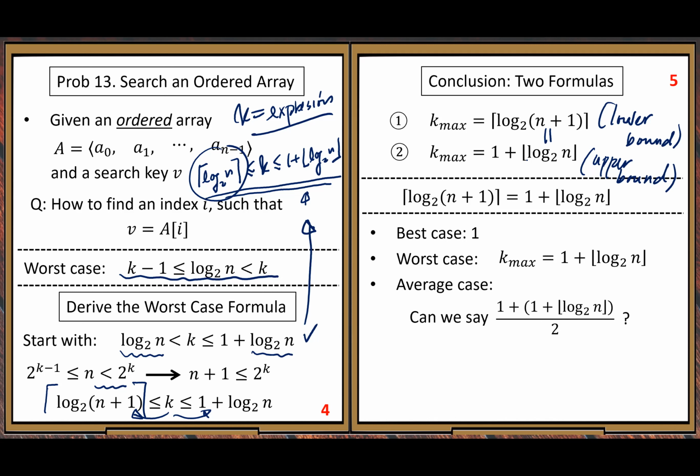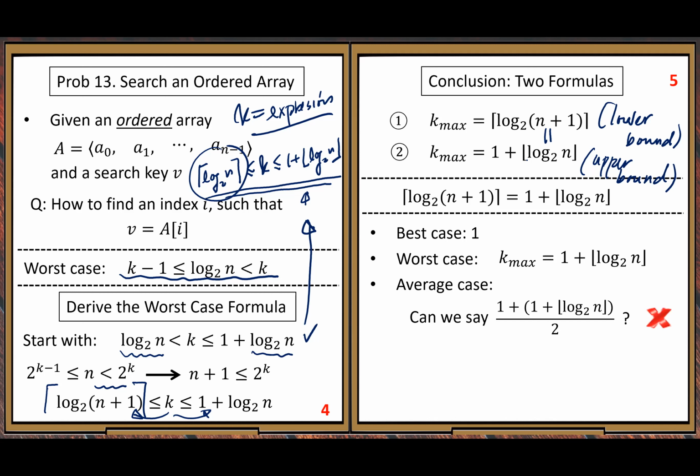All the cases would have to be distributed evenly. But here, it's not an even distribution. The number of elements at different levels is different. If the number of elements at all levels were the same, then you could use this formula. But here, it's different.